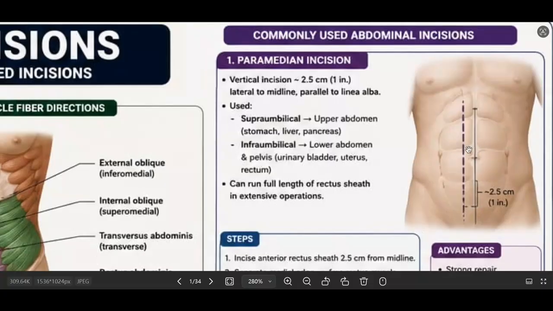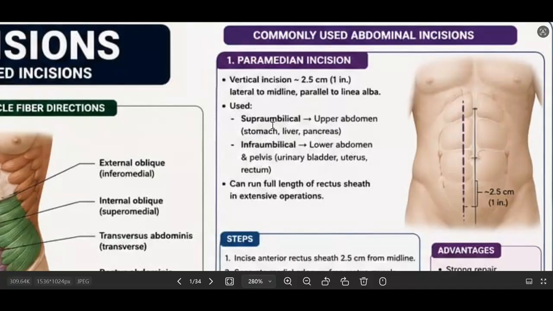Now the uses. The supraumbilical paramedian incision is used to expose the upper abdomen, for example the stomach, liver and pancreas. If we need to expose those organs, we perform the supraumbilical paramedian incision.